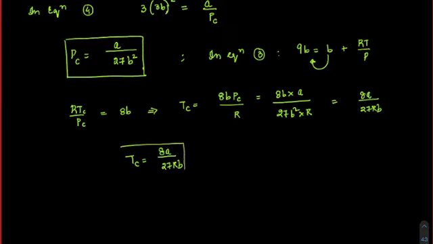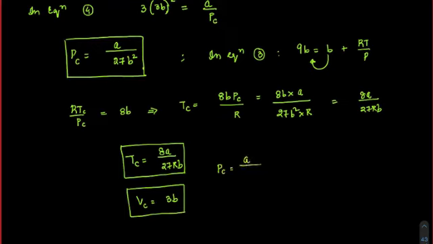So we got PC, we got TC, and we got VC as well. So PC we got as A by 27 B square.